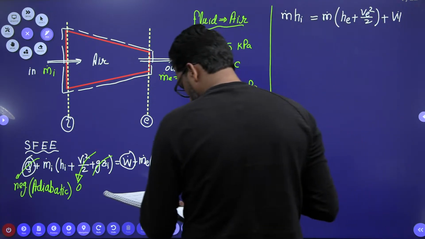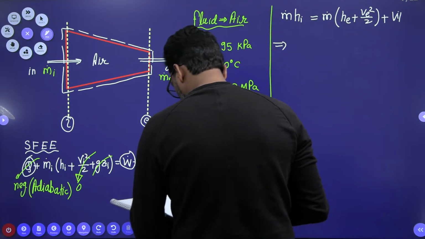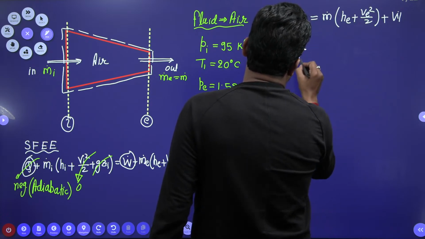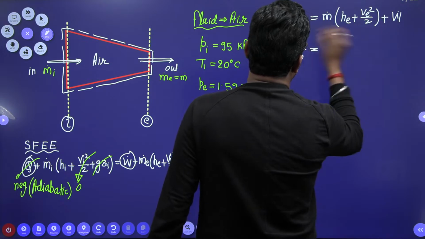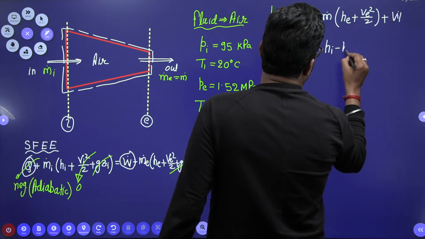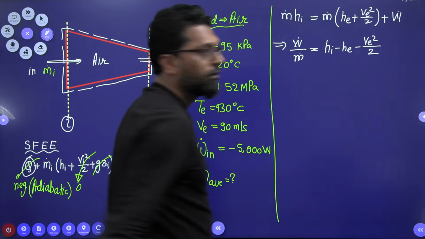Now you have to divide by the mass, that means W dot by m dot is what, beta? hi minus he minus Ve square by 2, no problem at all.